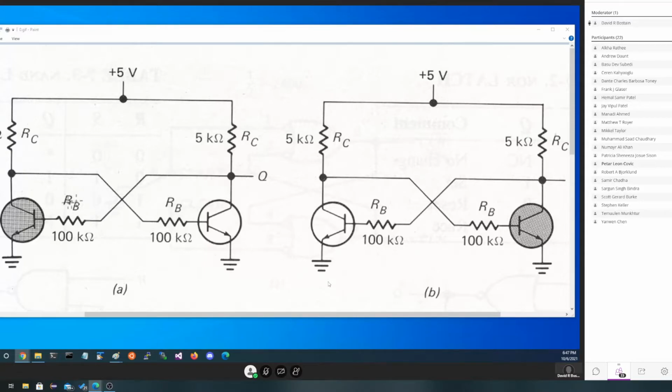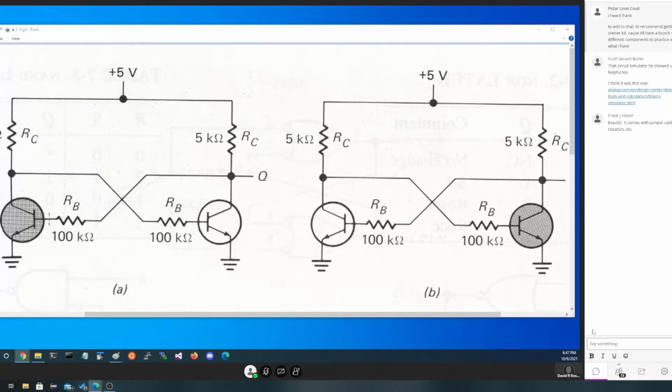I can cause current to flow through both of them. Now, if they're turned on, what value of voltage will I see right here? Raise your hand if you know. Mohammed? Professor, you're saying if the transistor on the left is turned on? Yeah, if this guy's turned on, what value will I see right there?